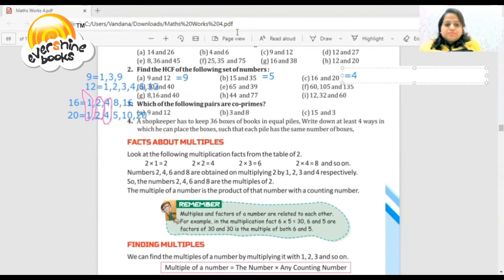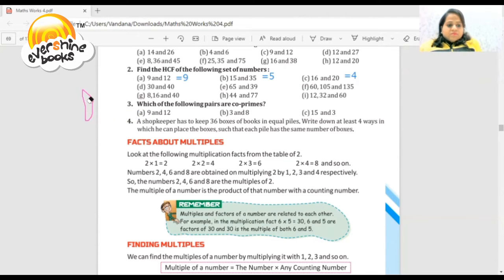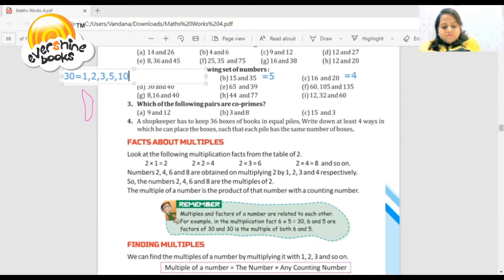You have to find out the factors first, of 40 and 30. First find out the factors of 30. Write here number 30, and the factors of 30 are 1, 2, 3, 5, 10, 15, and then 30, the number itself.